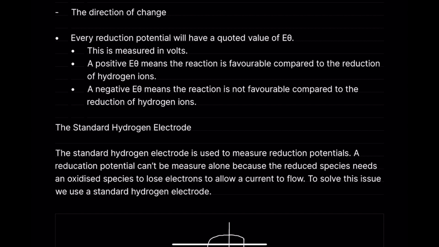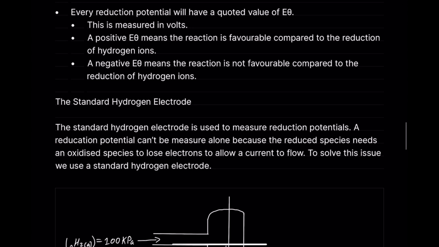So, direction of change. Every reduction potential will have a quoted value for the electrode potential. This is measured in volts. If we write the electrode potential, the little theta is written like this, and this little theta represents standard conditions, which I'll go through later.